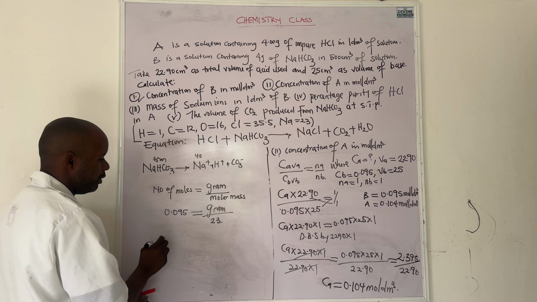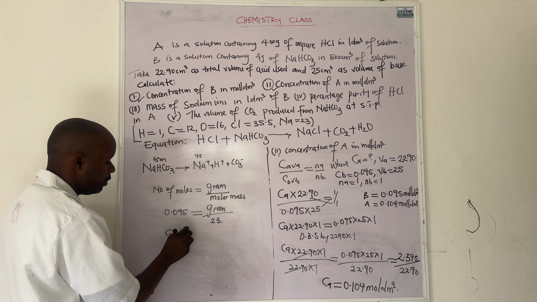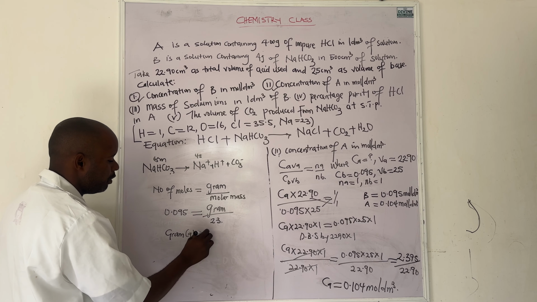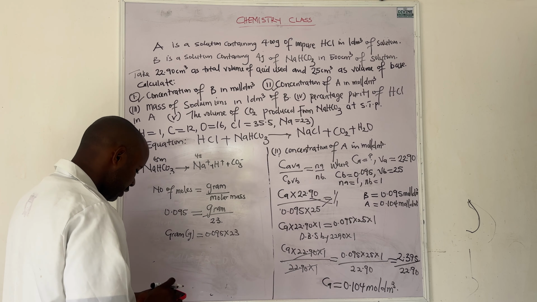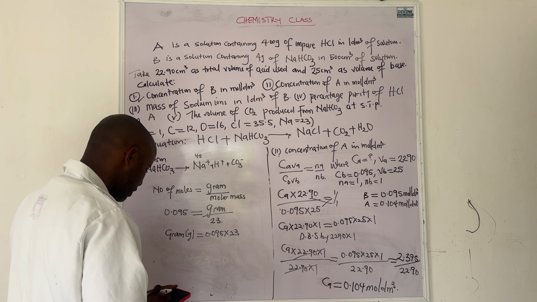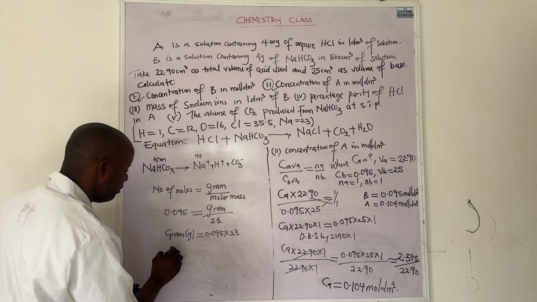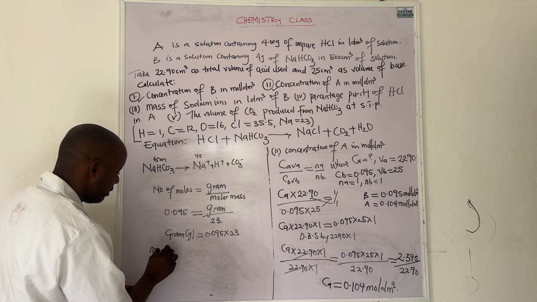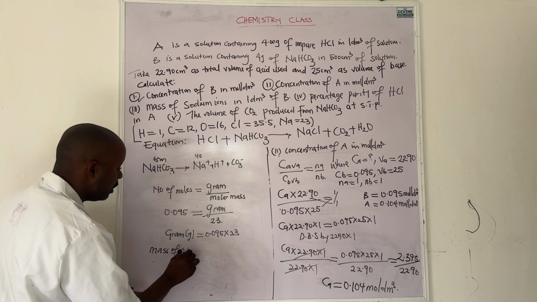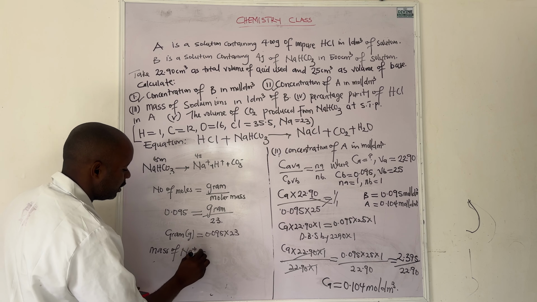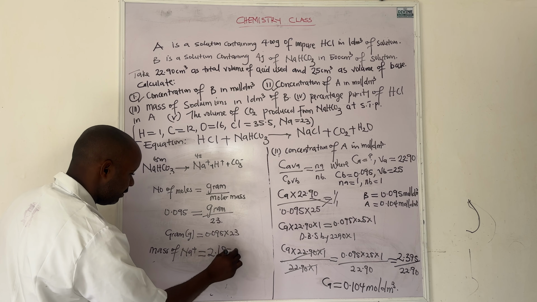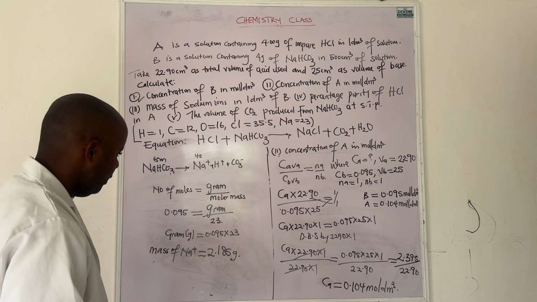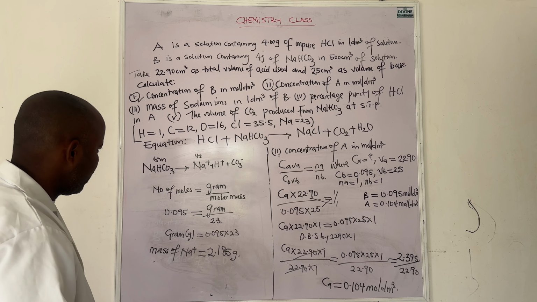So mass equals 0.095 times 23, so the mass of sodium ion is 2.185 gram. Hope this is clear.